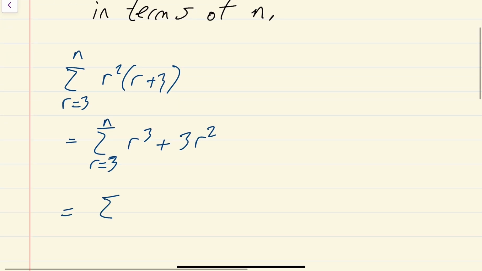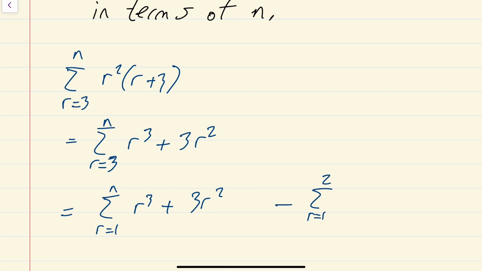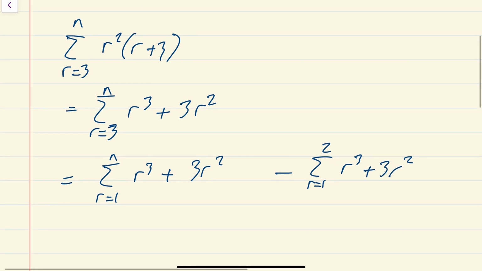So that is the same as r equals 1 to n of r cubed plus 3r squared, minus sigma r equals 1 up to 2 of r cubed plus 3r squared.